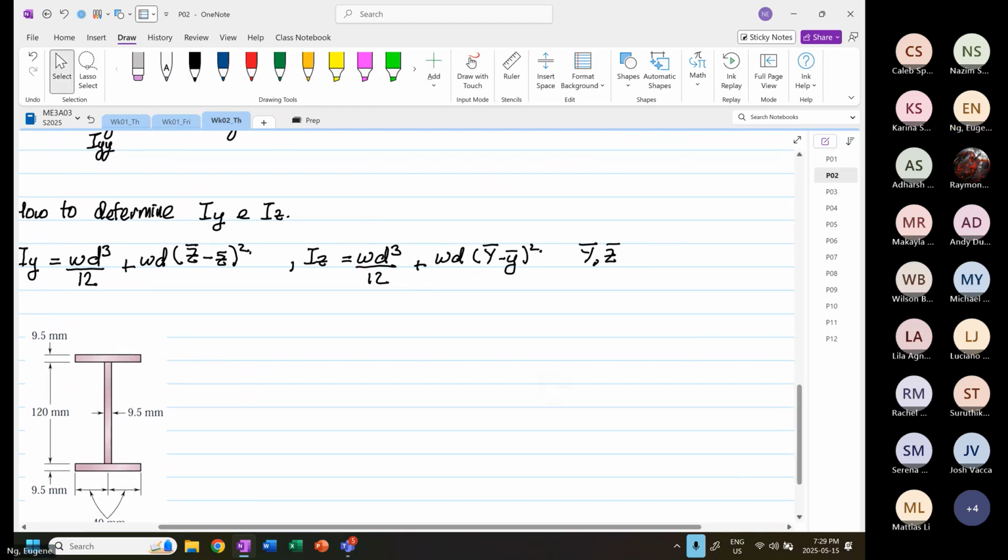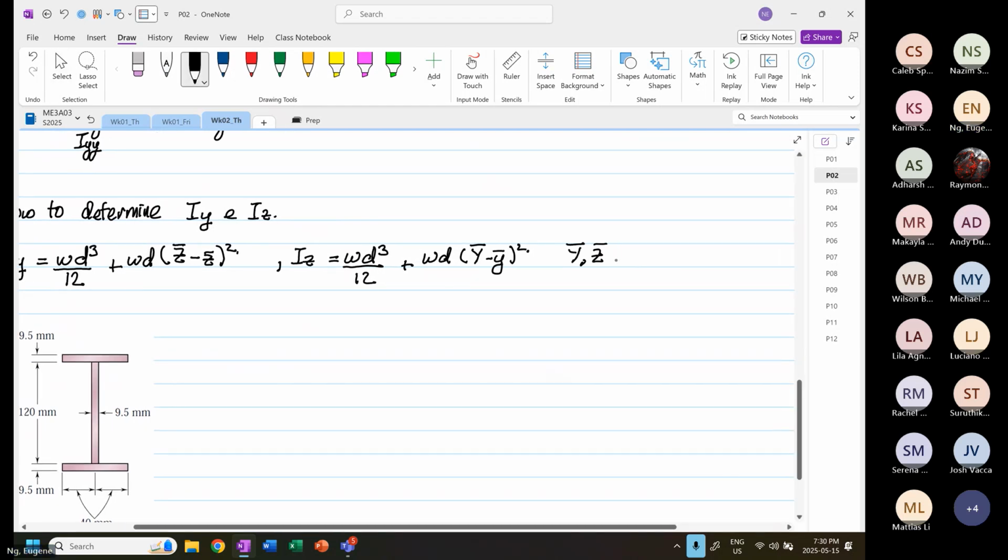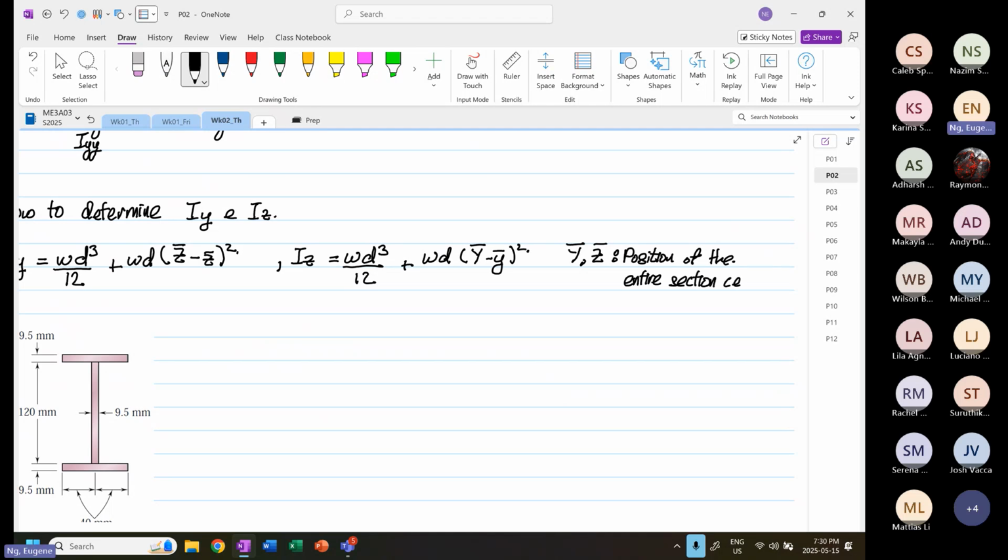Where capital Y bar and Z bar are the global position of the entire section centroid, and small y bar and small z bar represent the position of the individual section centroid.